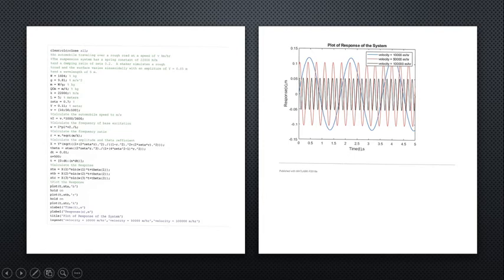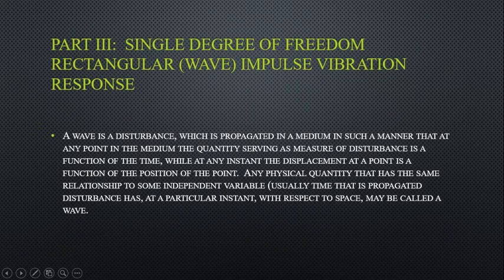This is just over a 5-second period of time. The last one, still with that single degree of freedom, was a rectangular wave vibrational response, like a car going over a pothole or a large bump.